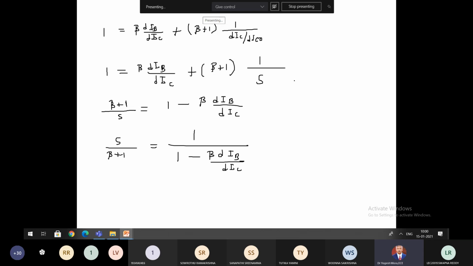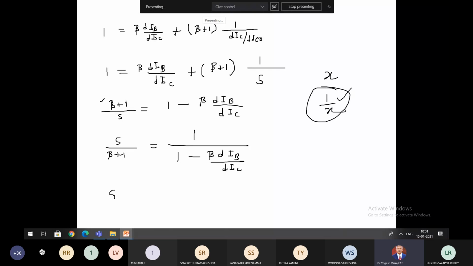Simply what I have done, suppose here it is X, so I have written it as 1 by X, right? So here this is (beta plus 1) by S. So if I write in reciprocal way, then it will be S by (beta plus 1). And right hand side, 1 minus beta dIB by dIC will be written as 1 by (1 minus beta dIB by dIC).